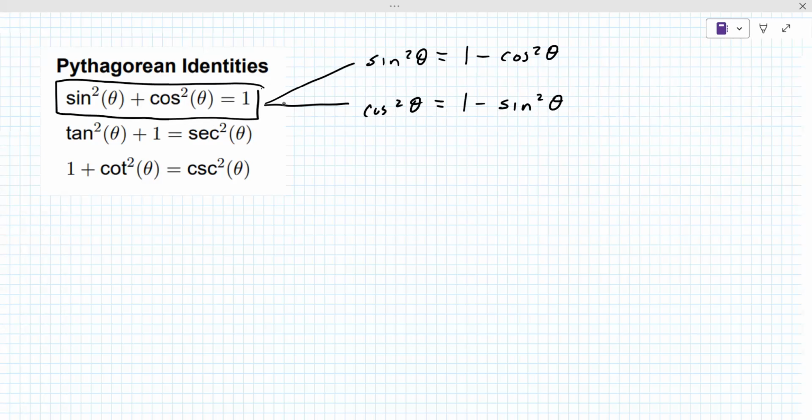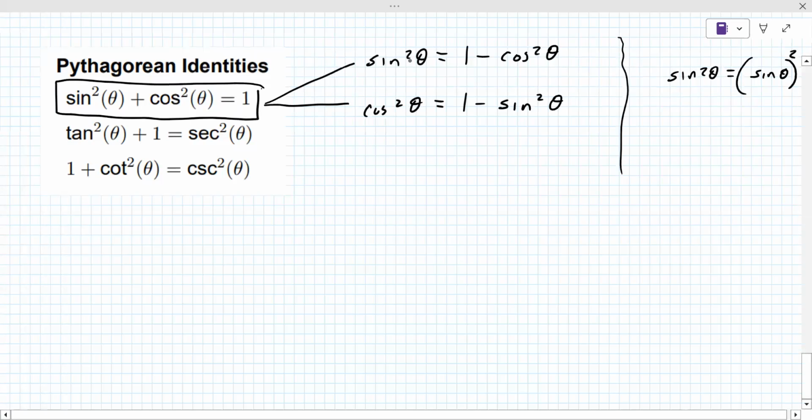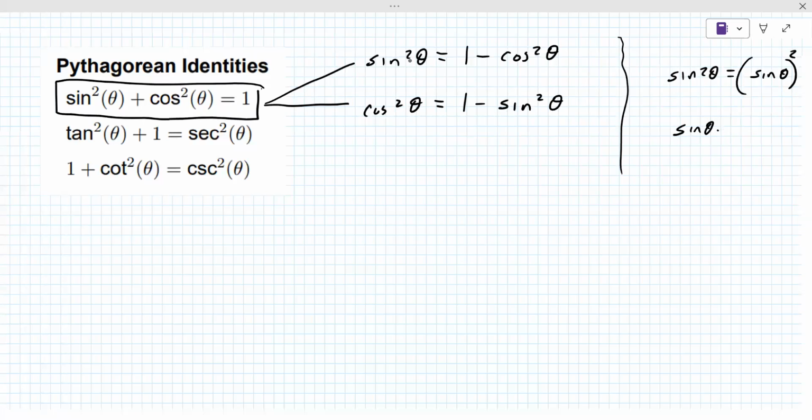Right. Now, small thing here, this is just notation when you put the exponent after the sine, cosine, tangent. When someone writes sine squared theta, what they really mean is the sine of theta, then square it. It's really sine theta times sine theta.